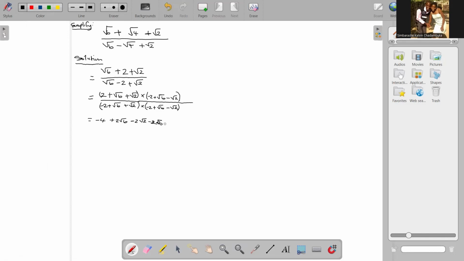Then we have a positive 6. Then a negative root 12. After this and this, then we are going to have this and this. We are going to have a negative 2 root 2. Then this and this, we are going to have a positive root 12. Then this and this, we are going to have a negative 2 all over.